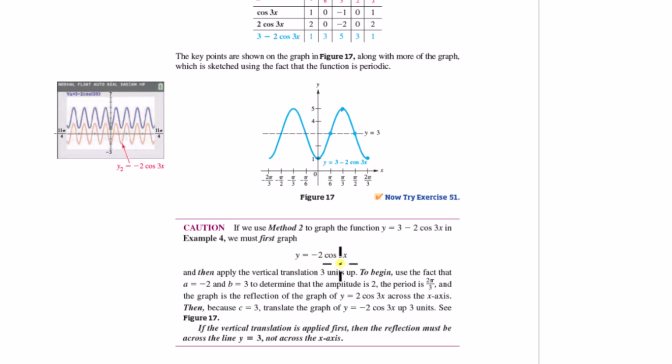You could reorganize the equation and see, if you had, let's see, minus 2y plus 6 is equal to sine of x, right? Then it's the same idea. You can factor out a 2 or a minus 2, however you want to look at it.